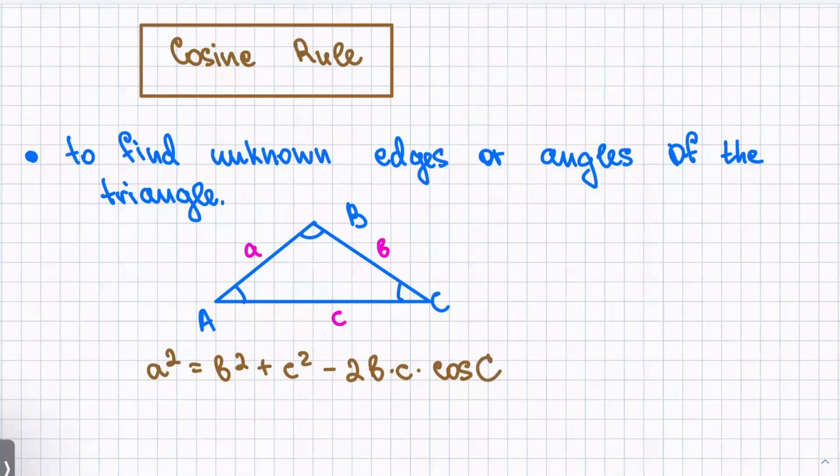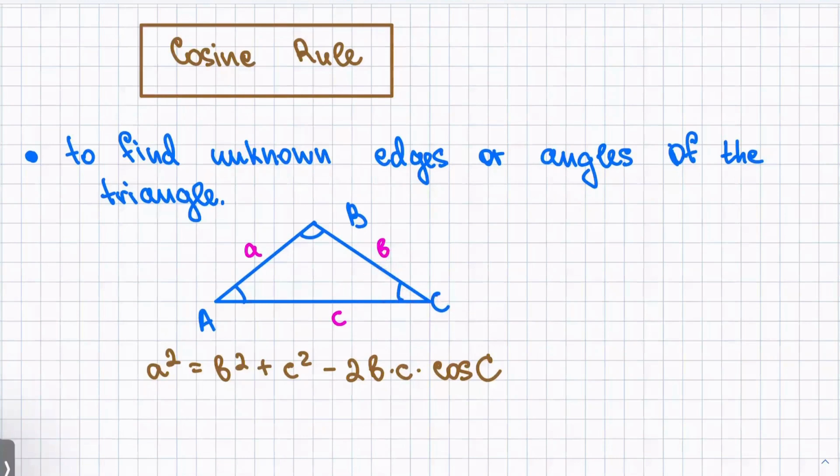It is the angle C? So we have cosine C. Again, dear students, the cosine rule tells us that the side a squared is equal to the sum of the two sides squared, b and c, minus the double product of these same two sides b and c times the cosine of the angle between the two of them, which is angle C.